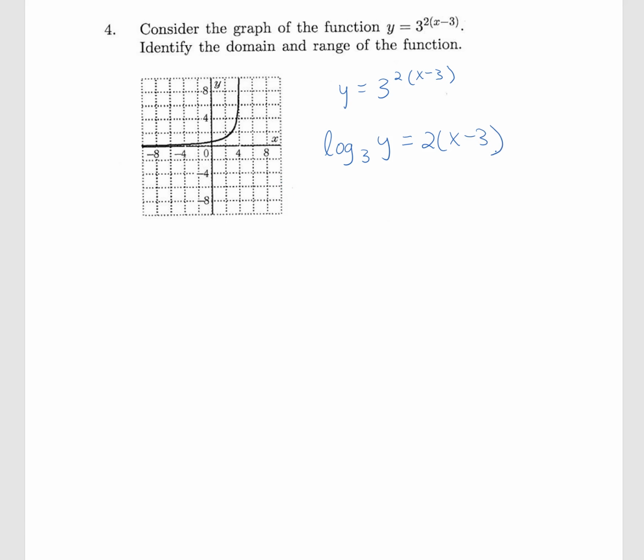And so looking at this, we can see that we have no limits on what x can be equal to. It can be really any value. So that means that our possible x values, or our domain, is all real numbers.